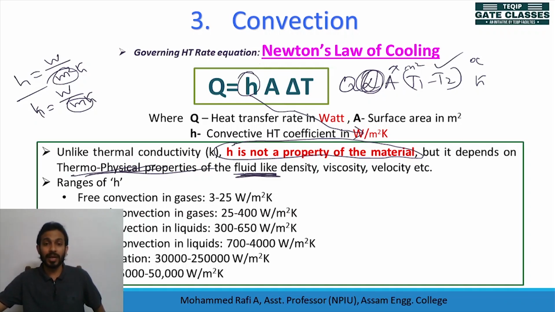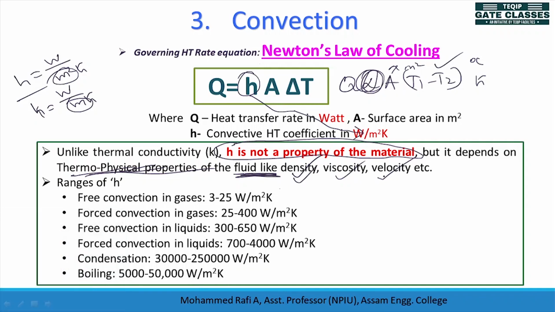Suppose you are using that metal rod in air, so that air will have a different density. But if you use the same metal rod in liquid or water, which will have a different density, or a different viscosity, or a different velocity, if you are going for free convection or forced convection, on all these occasions it will have a different h value, the convective heat transfer coefficient.